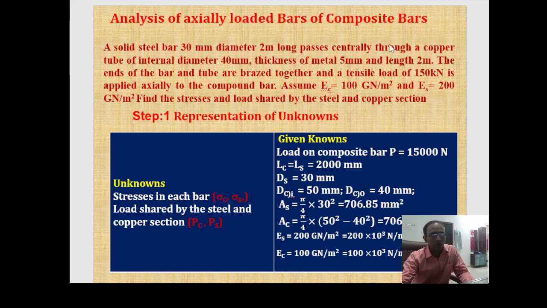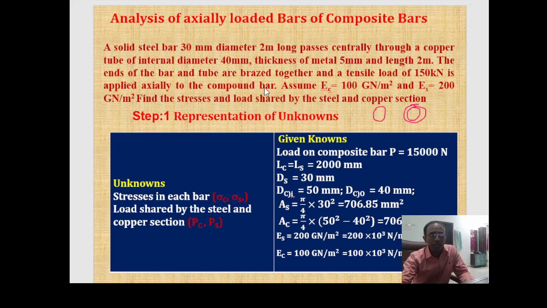That means the steel one is solid and the copper one is hollow. The diameters are given, and the ends of the bar and tube are brazed together, and a tensile load of 150 kilonewton is applied axially to the compound bar.